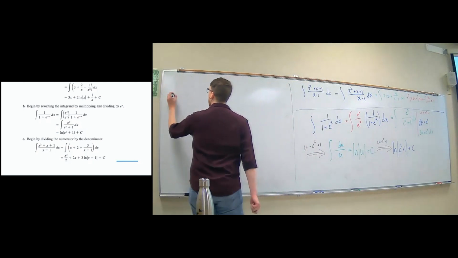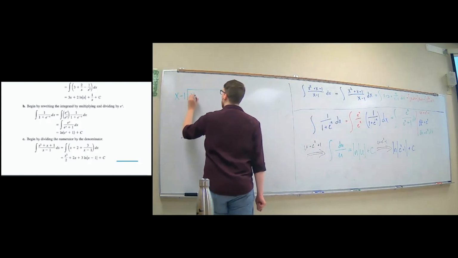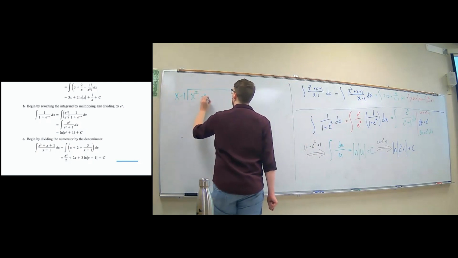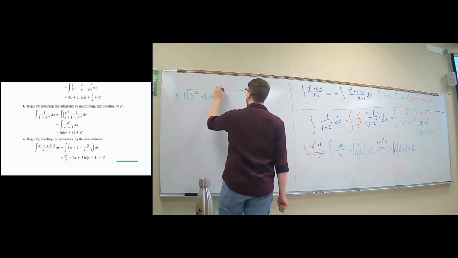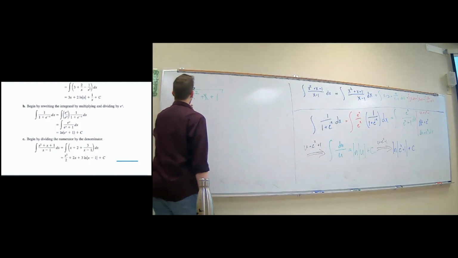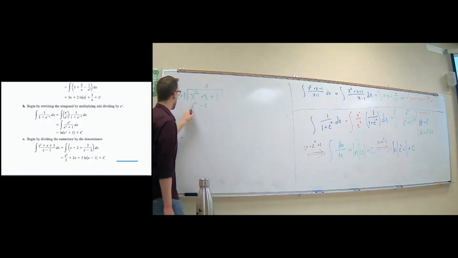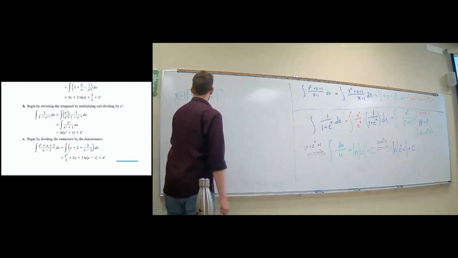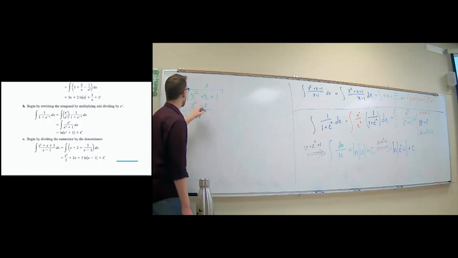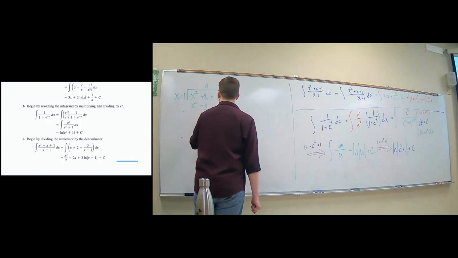In the long division, we've got x minus 1 divided into x squared plus x plus 1. When we multiply x minus 1 by x, we're going to get x squared minus x. When we subtract the two values from each other, when we subtract x squared minus x from x squared plus x, we get 2x down here plus 1.